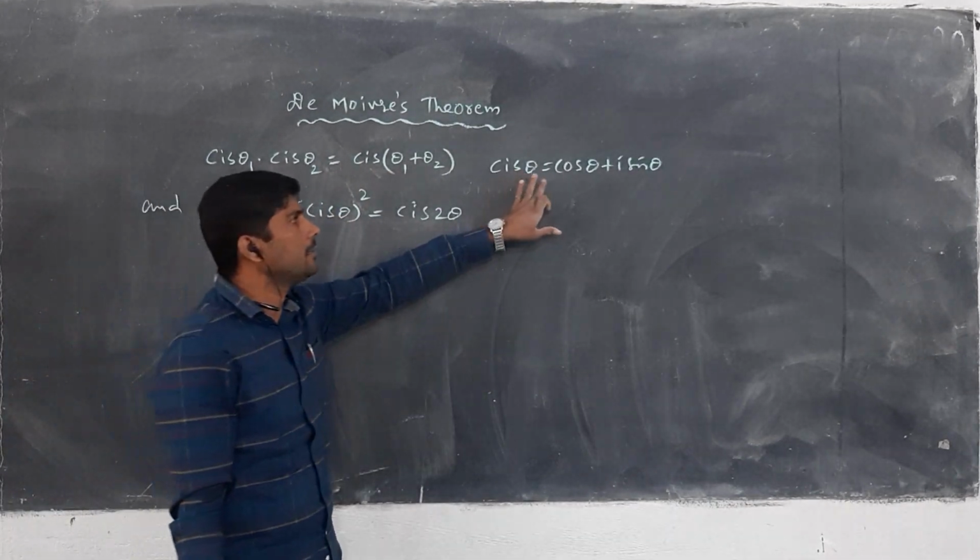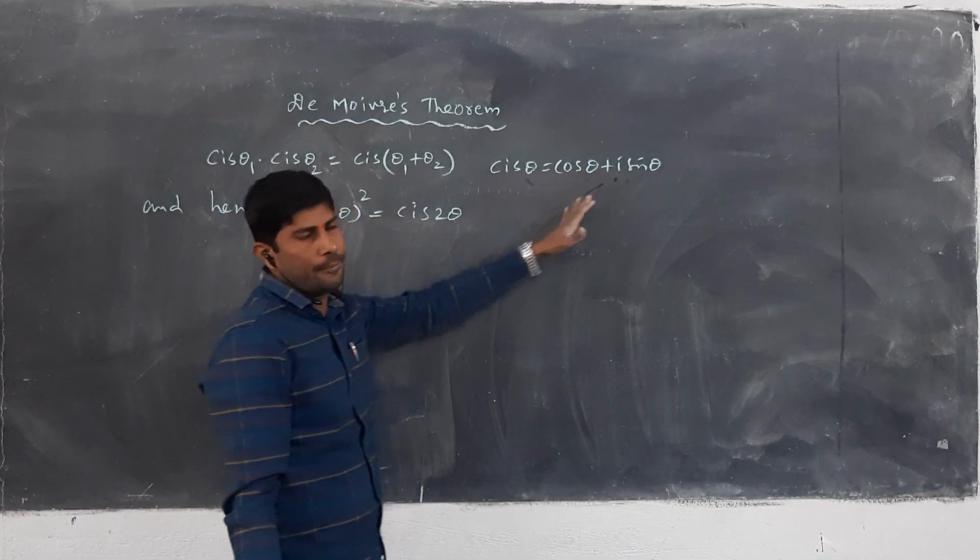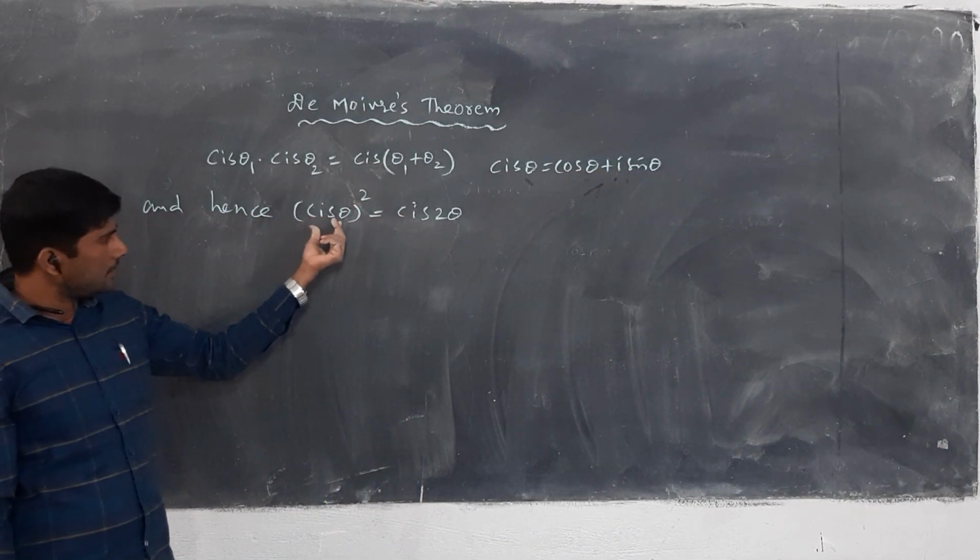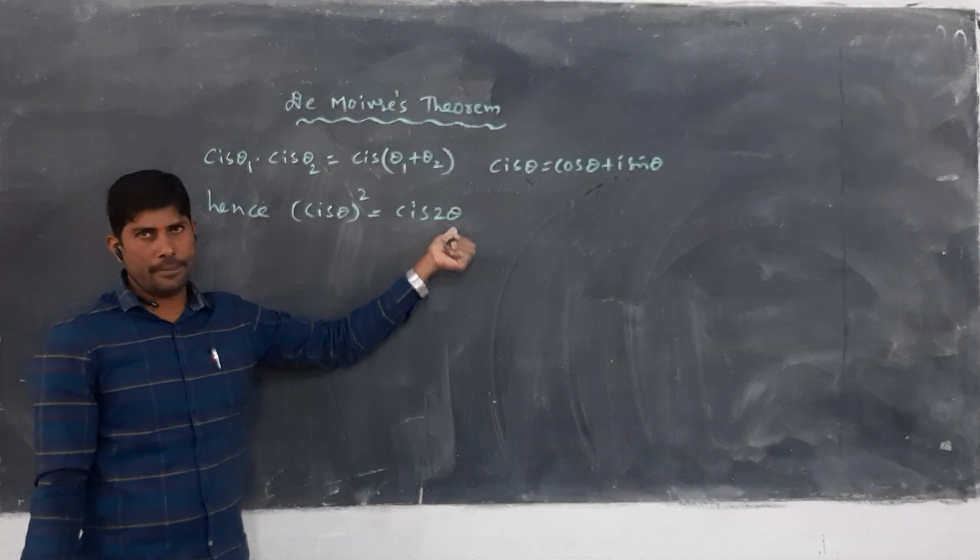Here cis theta is equal to cos theta plus i sin theta. And hence cis theta whole square is equal to cis 2 theta.